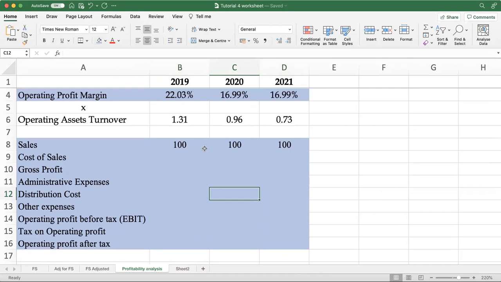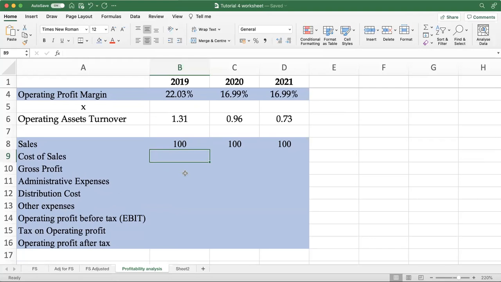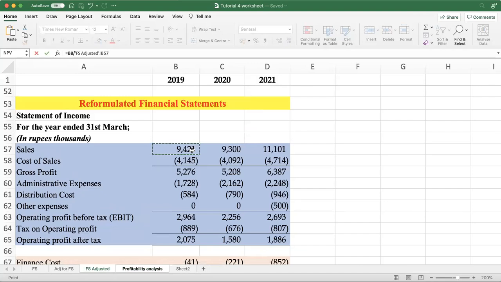Do a common size analysis. To calculate the common size amounts for cost of sales, gross profit, administrative expenses, distribution costs, and all these items, you take 100 divided by sales, multiplied by cost of sales.